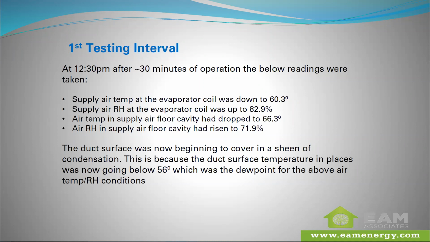So you now had that uninsulated duct surface, and this, I should say, was all sheet metal duct, no flex, and it was starting to sweat. That was because the duct surface temperature in places, especially back toward the unit, was going below 56 degrees, which was the calculated dew point for that air in that cavity at those temperature and relative humidity conditions.